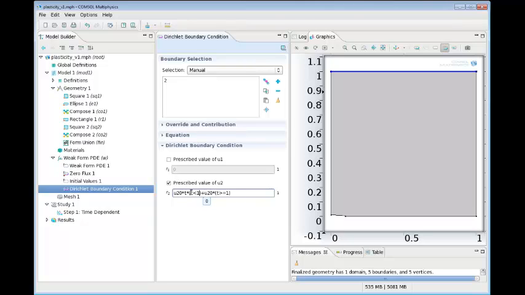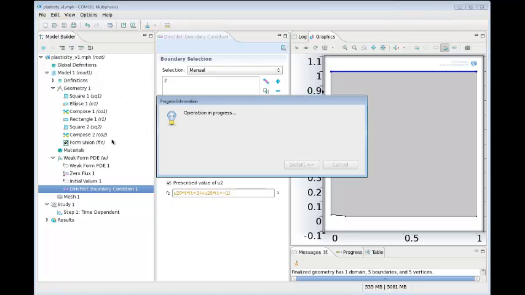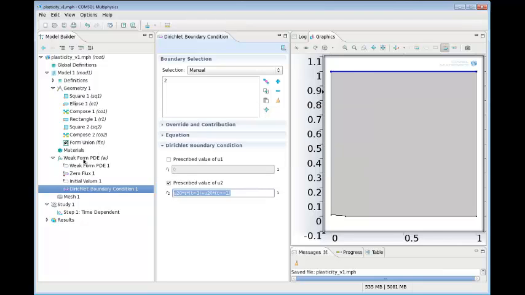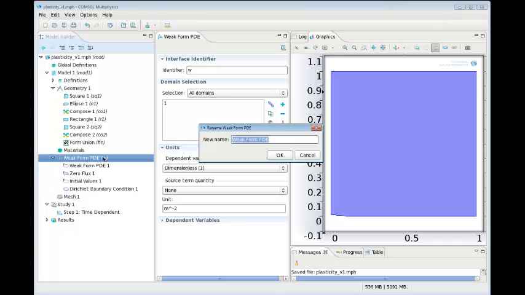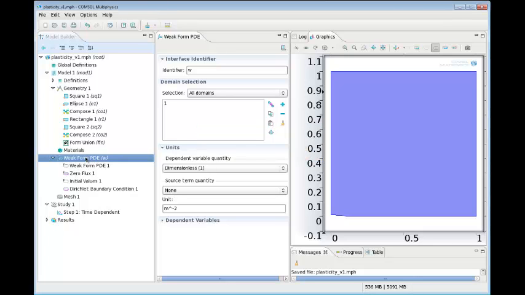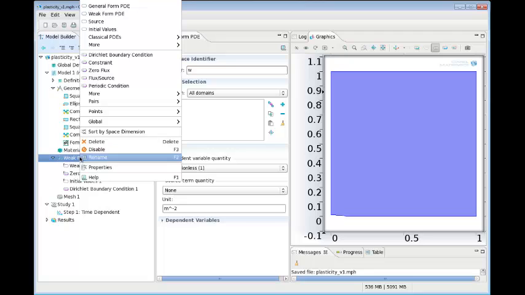Alright, we need another boundary condition. Click back, right click here. Right click, and we want a Dirichlet boundary 2, and I want this. So a roller means that we're going to fix this in the y, no constraint in the x.